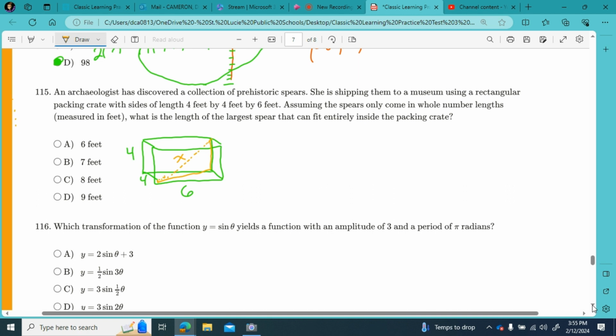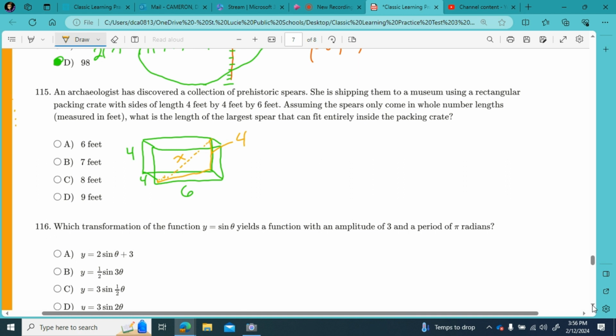So we've got a triangle inside of a rectangular prism, and we need to find the diagonal, or that's kind of like the hypotenuse there, right? I know the height back here is 4. So we need the diagonal here across the rectangle at the bottom, our 6 by 4 rectangle.